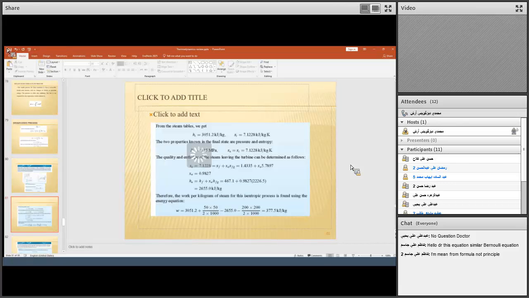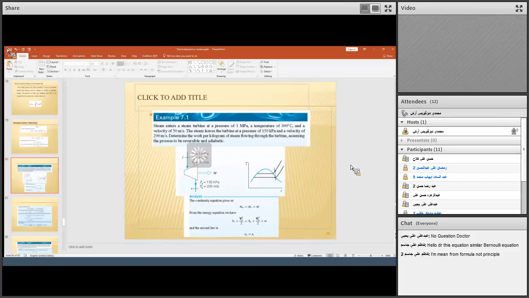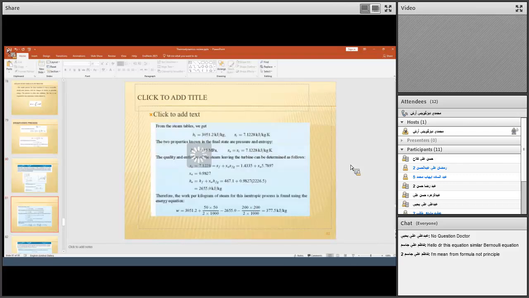So from the last equation, enthalpy at inlet, kinetic energy at inlet, enthalpy at exit, kinetic energy at exit, all of them are known. So we can compute the work, which equals 377.5 kilojoules per kilogram. Any question?